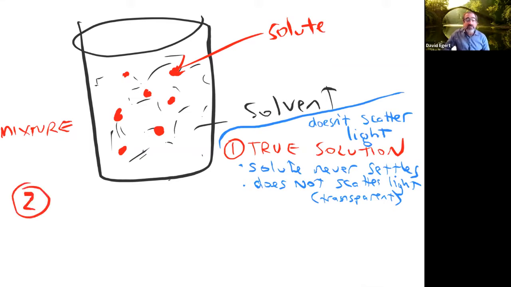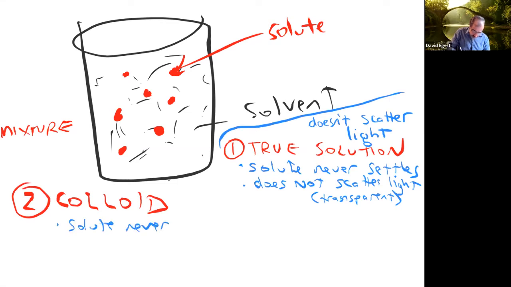Another possibility is what's called a colloid. The solute never settles. So that means once it's gone into solution, it stays there, right? Either a true solution or a colloid. You can leave it on the shelf for a week and they're still mixed up when you come back.